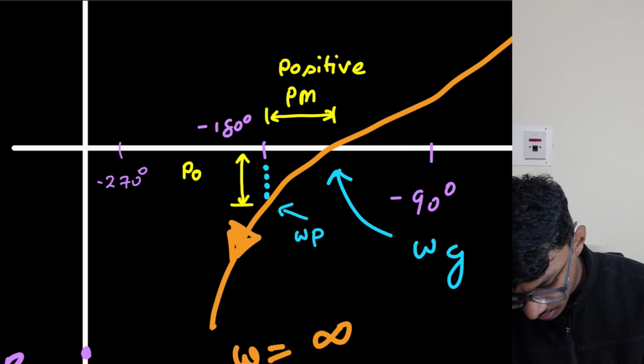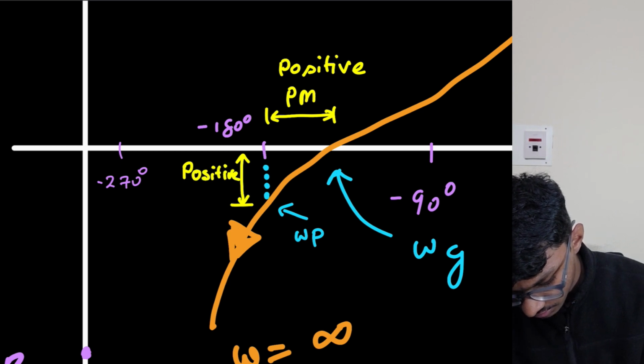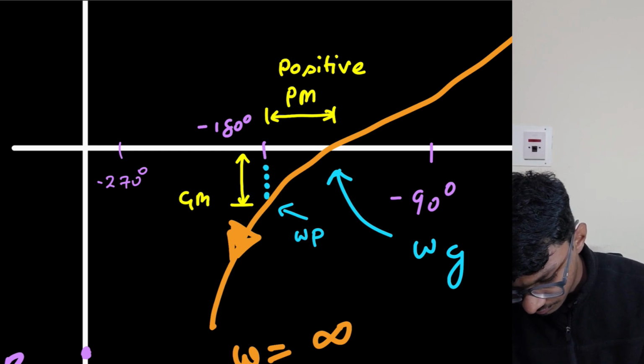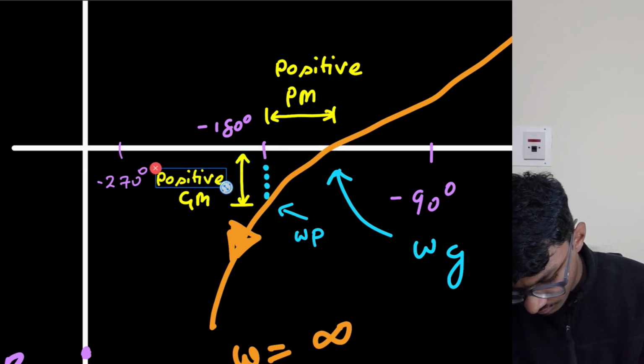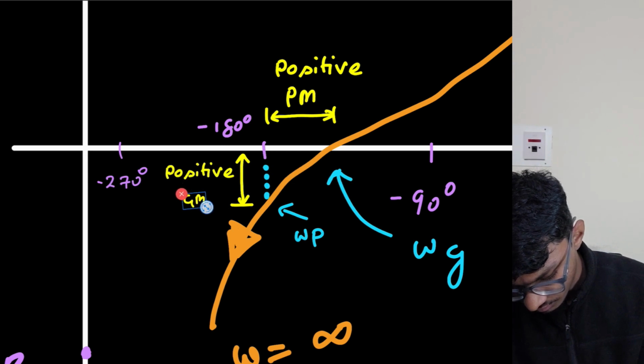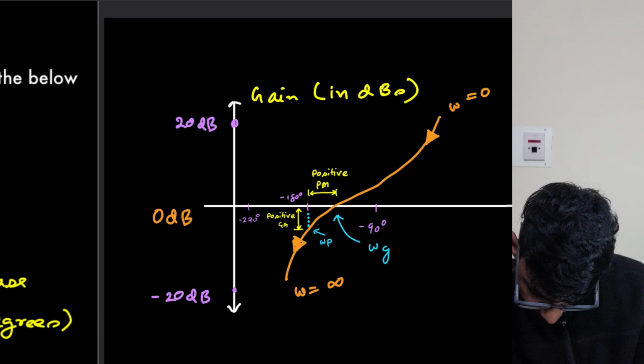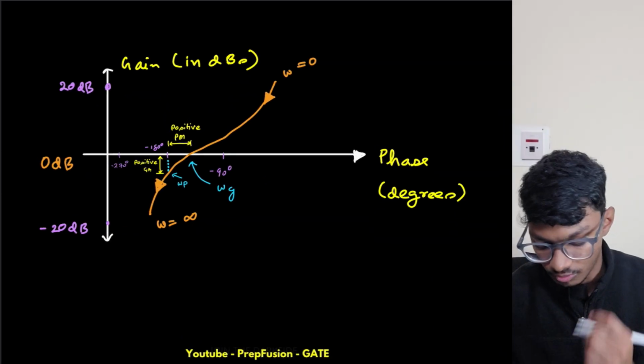Okay, so my gain margin and phase margin are both positive.